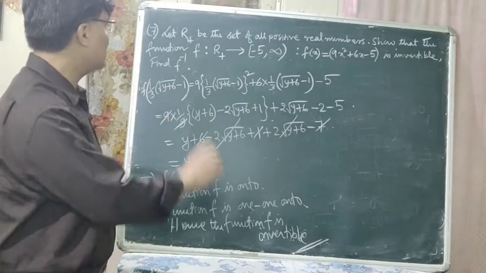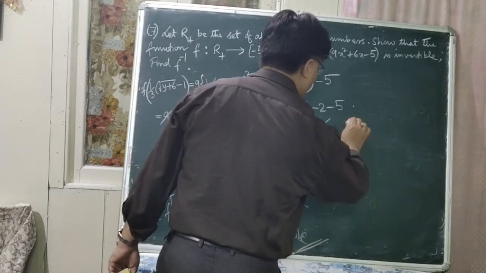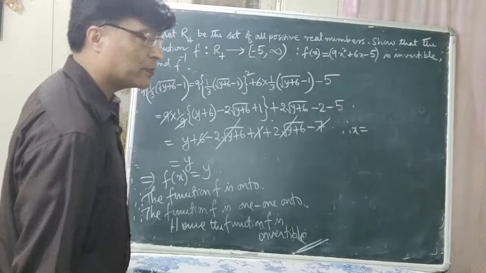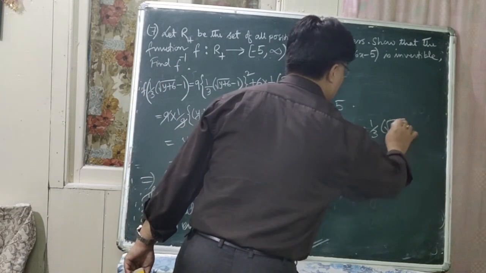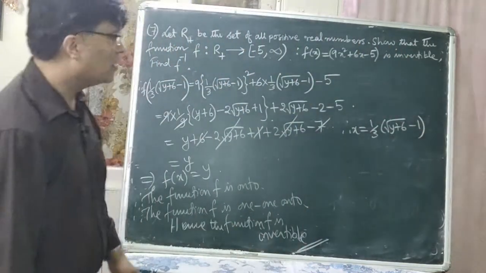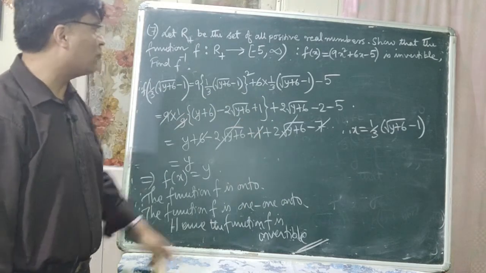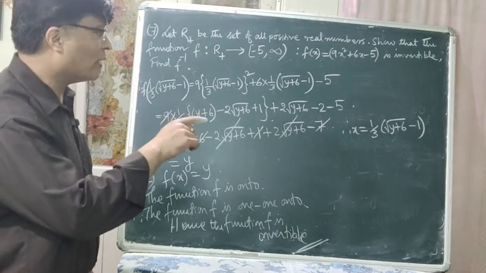So now let us find f inverse. Just now we got x is equal to 1/3 within bracket root over y plus 6 minus 1. We had expressed x in terms of y, that is x is equal to 1/3 within bracket root over y plus 6 minus 1.